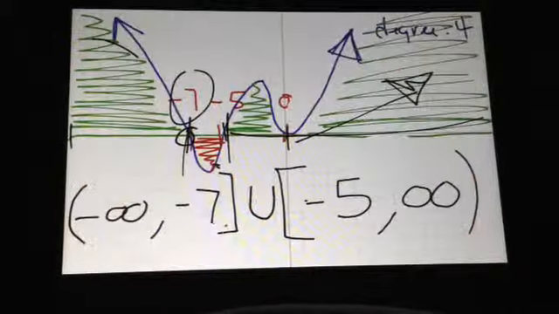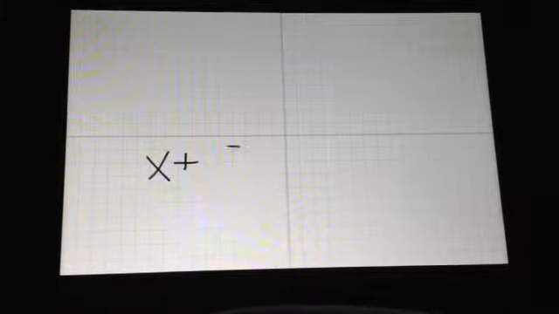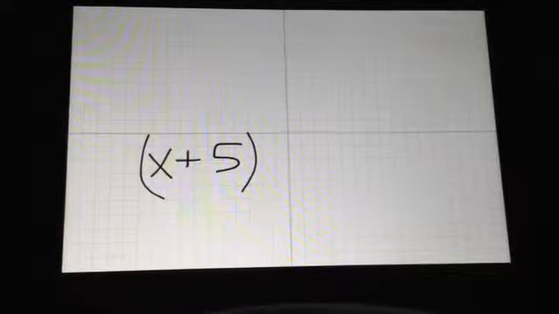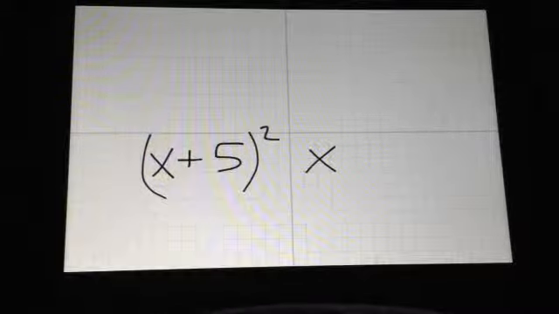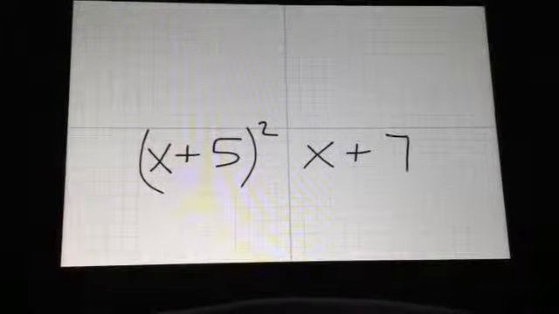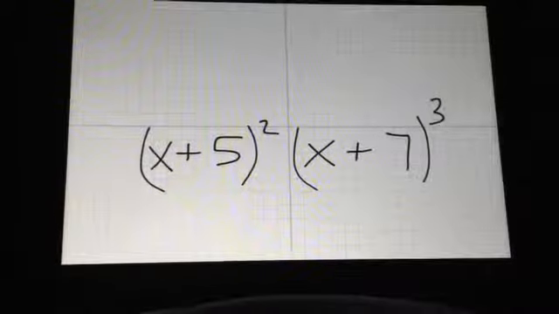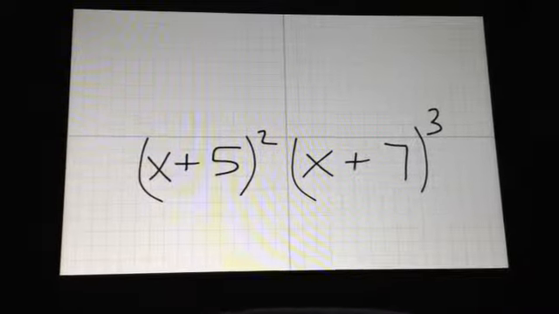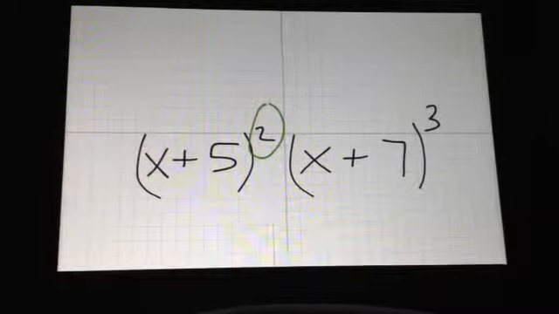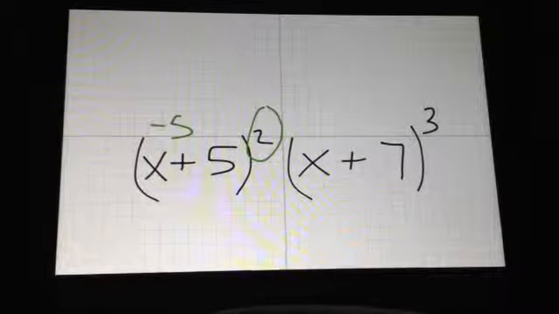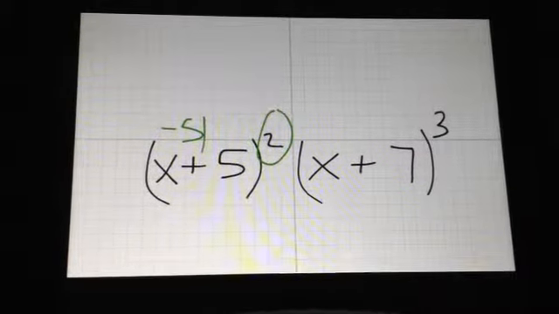There's only one more thing that I want to say something about, is what if you have like x plus 5 squared and then x plus 7 cubed. See, we already know what the squared means. We'd put the negative 5 in there and figure out that's our x-intercept.